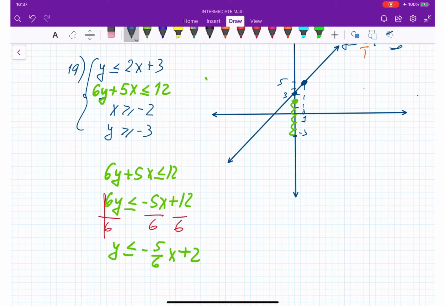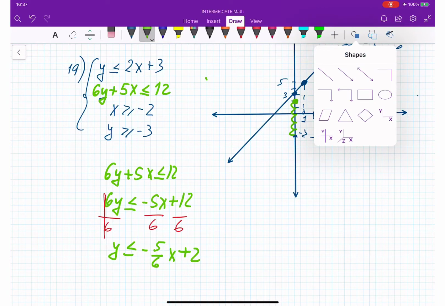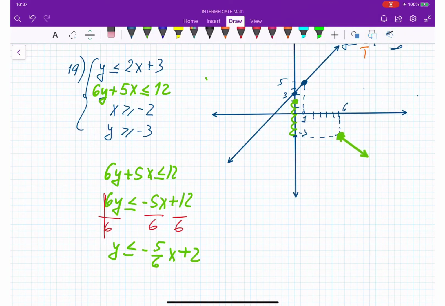And +6. So 1, 2, 3, 4, 5, 6. So it's going to come here and here. So one point is this and the other point is this. And the graph is going to be this.